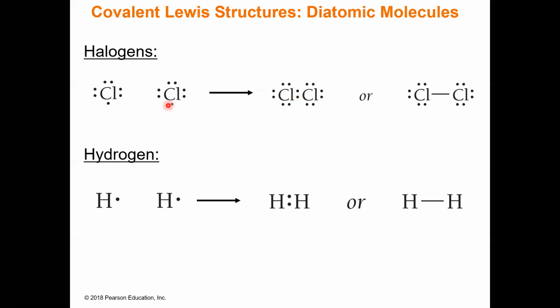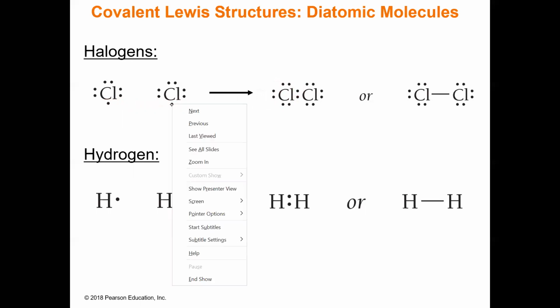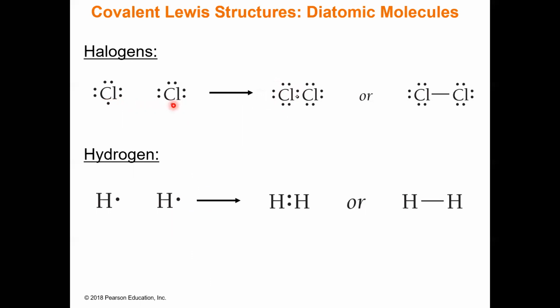So this lone electron here, we can represent by this electron here, and this electron here is represented by this electron here. By sharing these 2 electrons, we can now form a single bond that is shared between our 2 chlorine atoms, and it forms a molecule now.